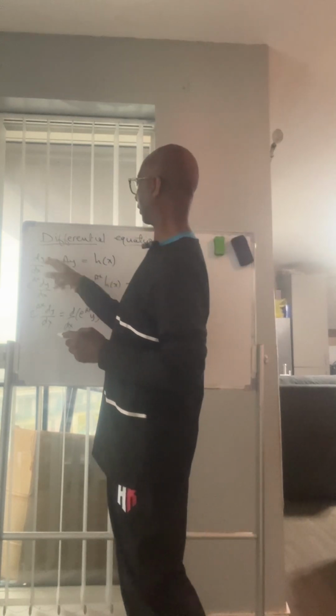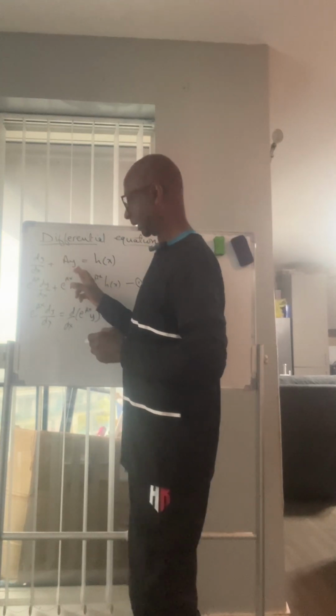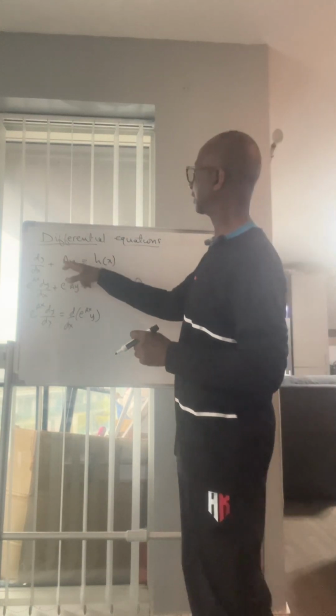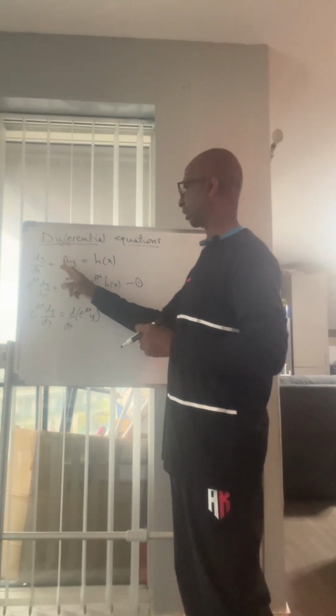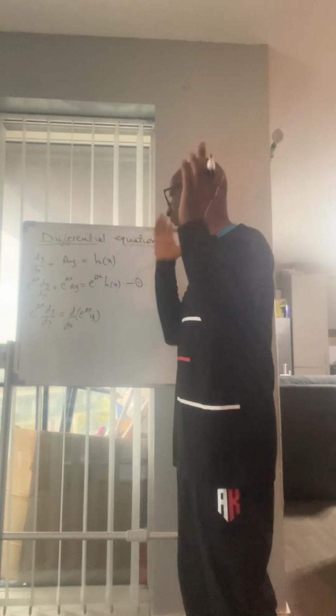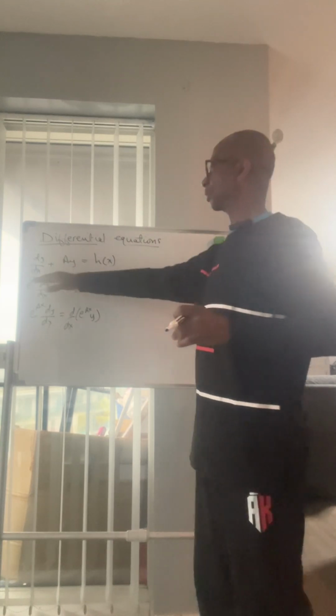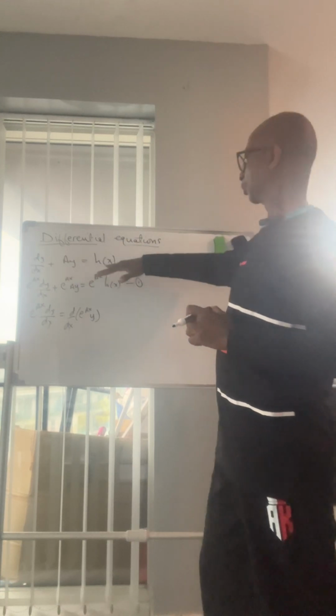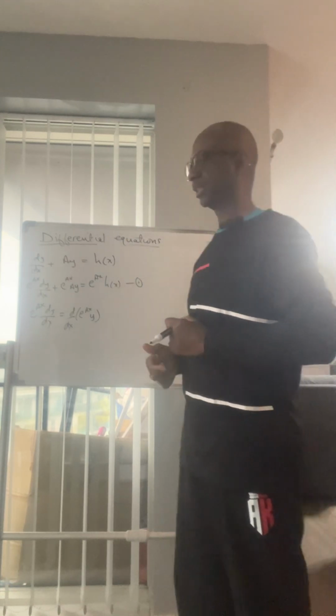Because it has this coefficient here, this is a constant, it's a number. It could be 2, 3, 4, 5, whatever, but it's a constant. That's why this type of equation is called a constant coefficient differential equation.